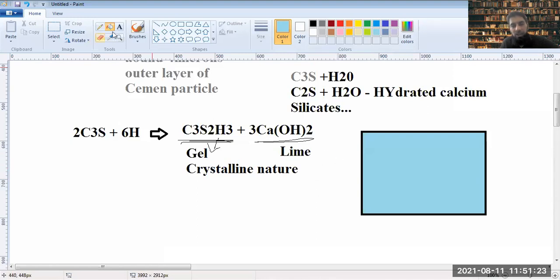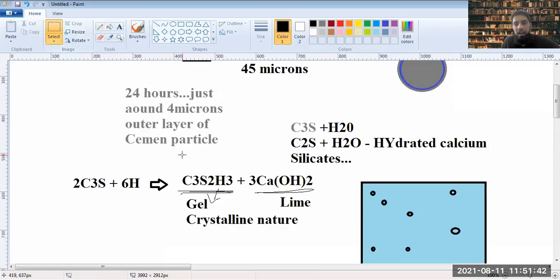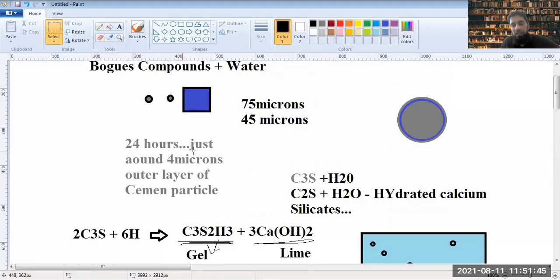But still within that gel, there will be small particles that have not interacted with the water yet, and they are the unhydrated part of the cement. So there is always a hydrated part of a cement and an unhydrated part of a cement. Now, the difference between this, what I told you initially, this is one cement particle.